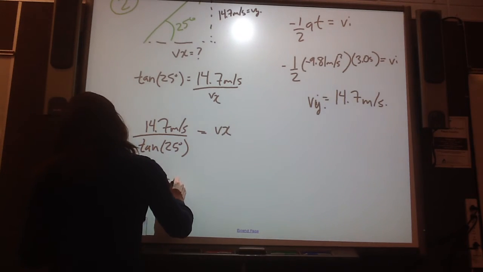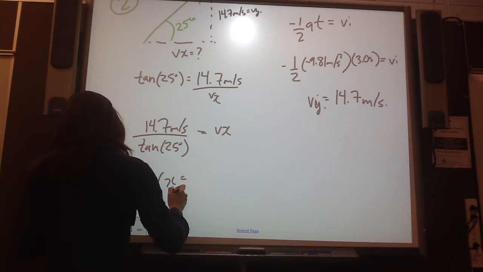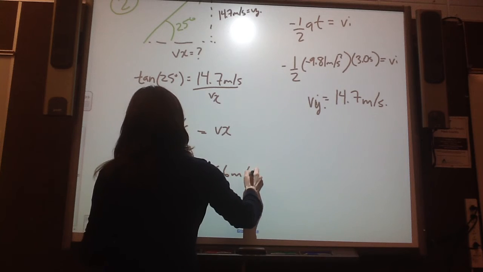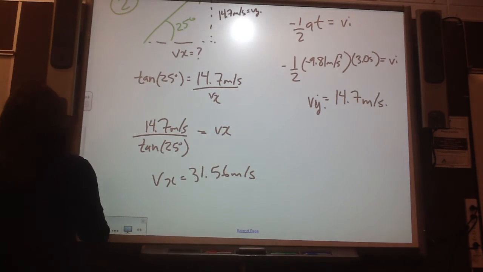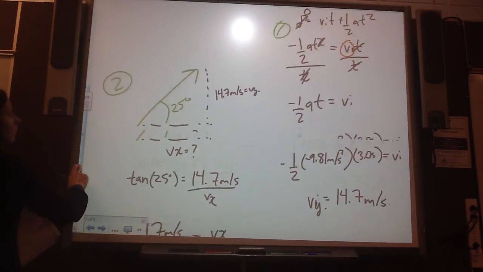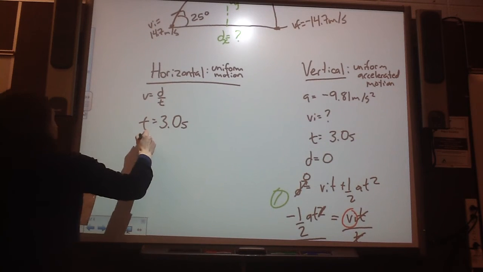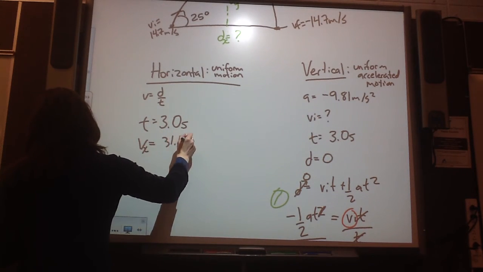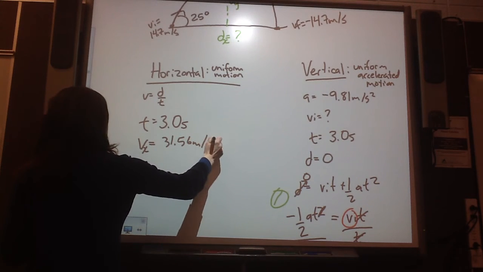Okay, so my Vx then is 31.56 meters per second. So now I can put that information here. Vx is 31.56 meters per second.